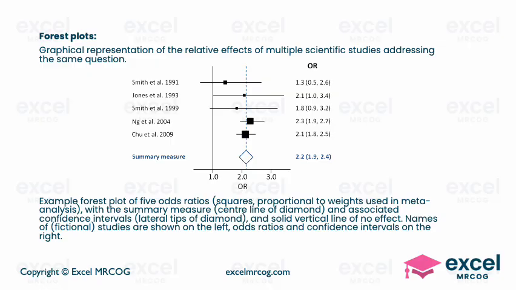Now, moving to the vertical line in the middle. This vertical line can sometimes stand at 1 or it could stand at 0 as well. So note that it's not always the same; it depends on what we are studying there. Here we are looking at odds ratio. So odds ratio, when it is 1, what does it mean?